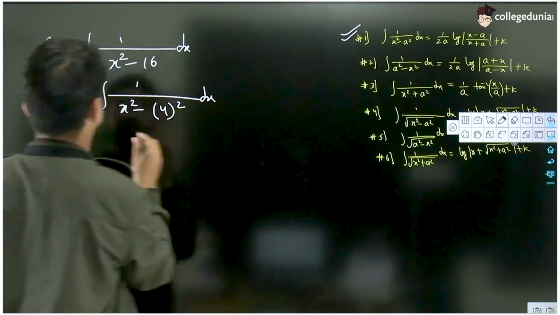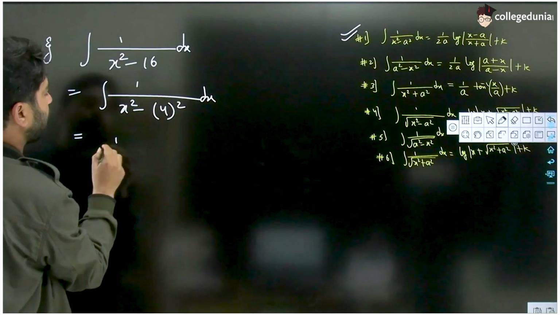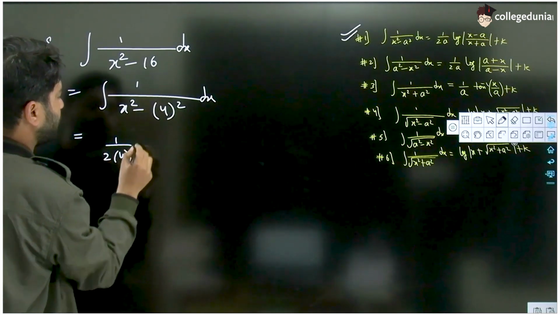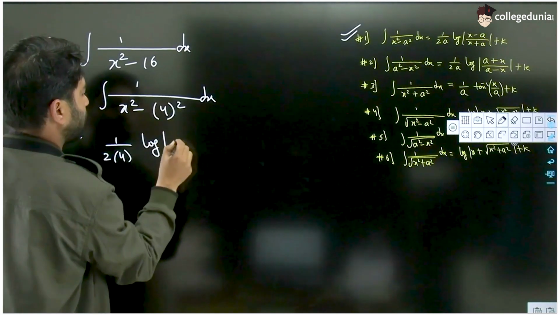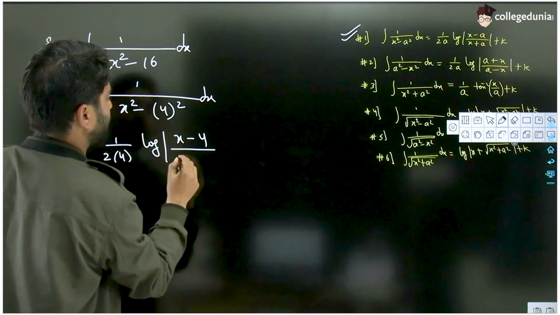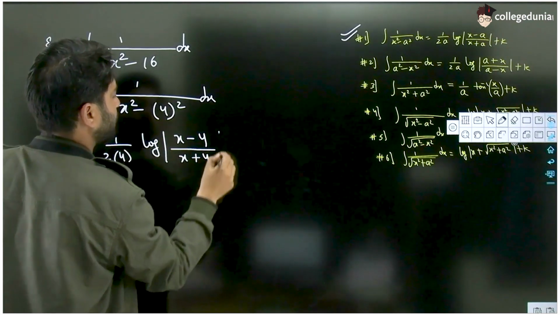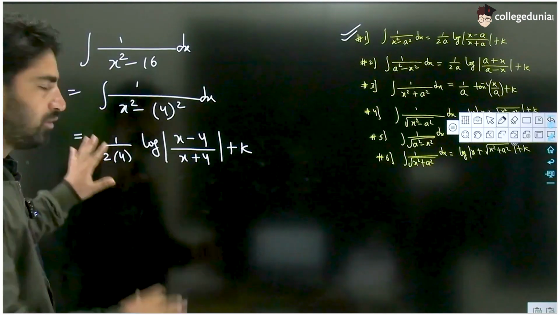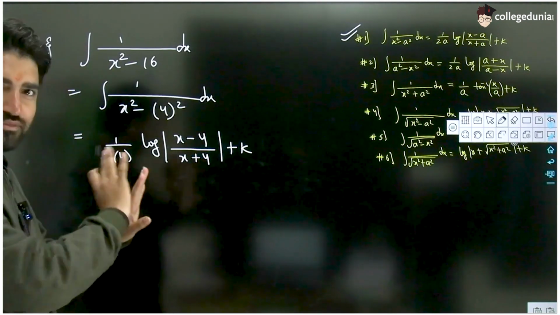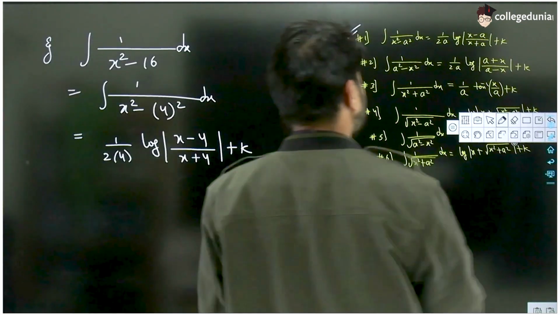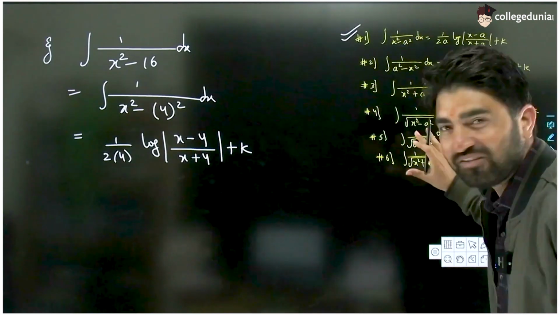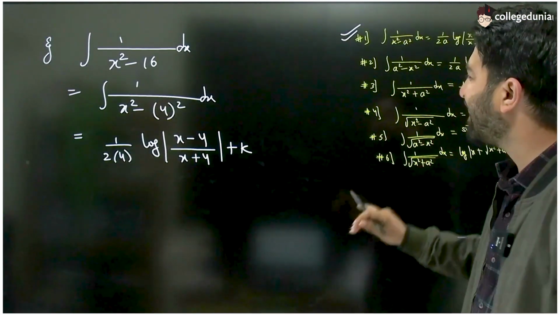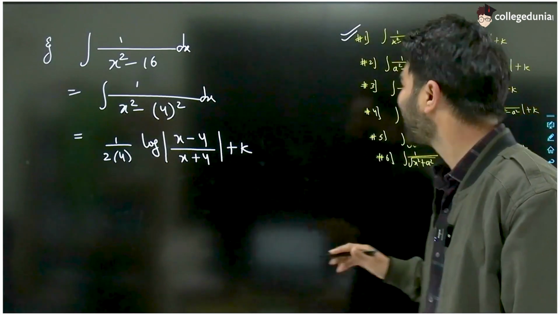So according to this, we write 1 upon 2a log of x minus a upon x plus a, plus k. Only this. It's done, finished. That's it. If you remember the formula you will be able to do it, otherwise you will not be able to, okay?